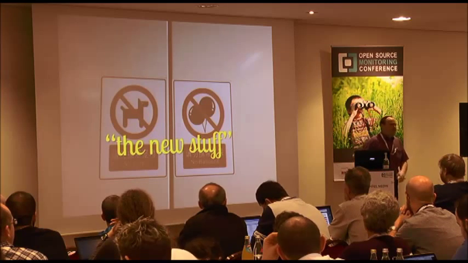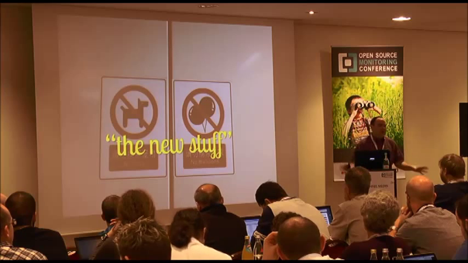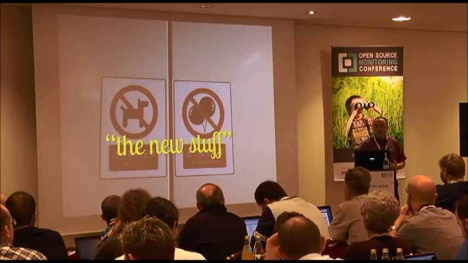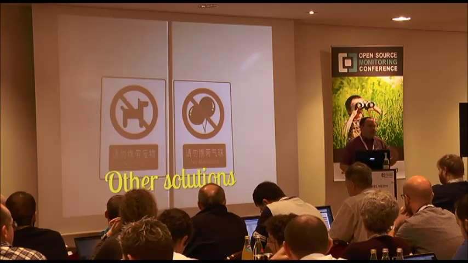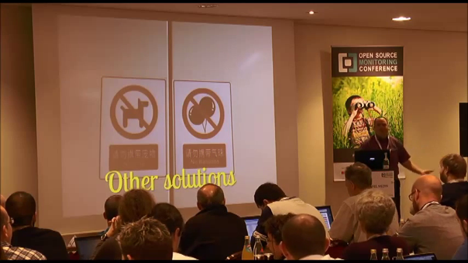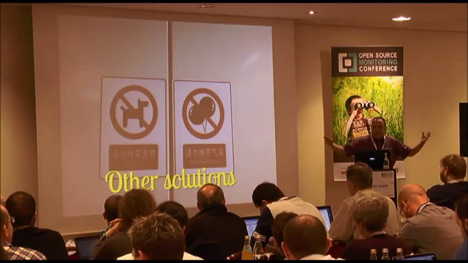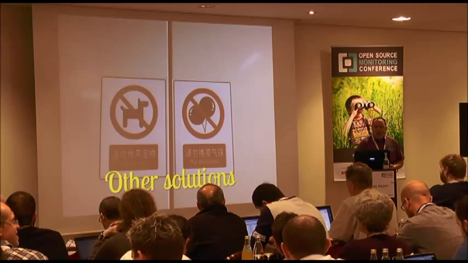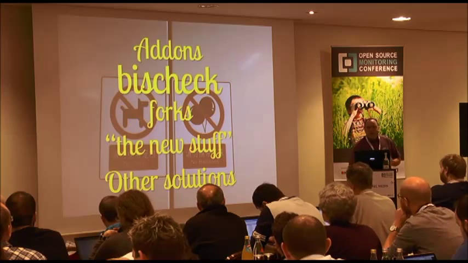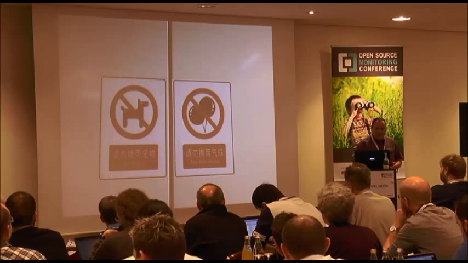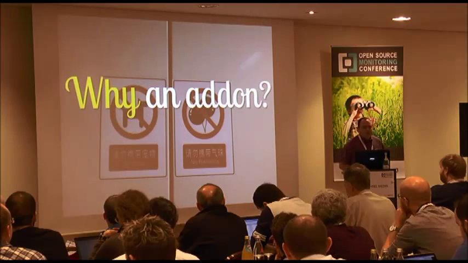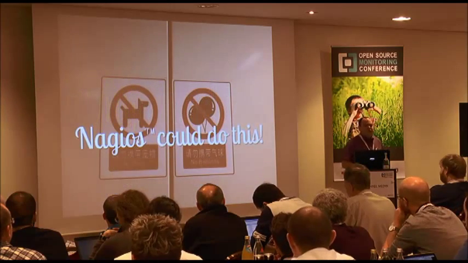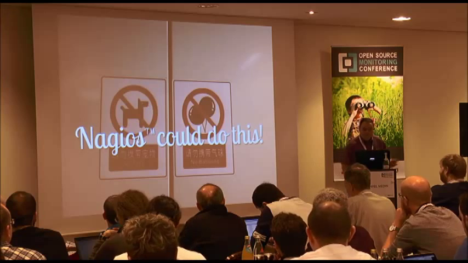I have no idea, but it's like 4 million applications which together make up awesome monitoring things. And of course, there are other solutions, things like, to some degree, Zabbix and the other tools around there. But why should we need that? Why do we need to have a tool? Why do I need to have an add-on? Nagios could do this. Again, notice the trademark, no infringement intended.